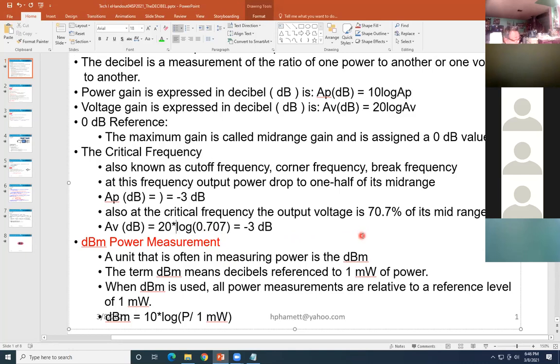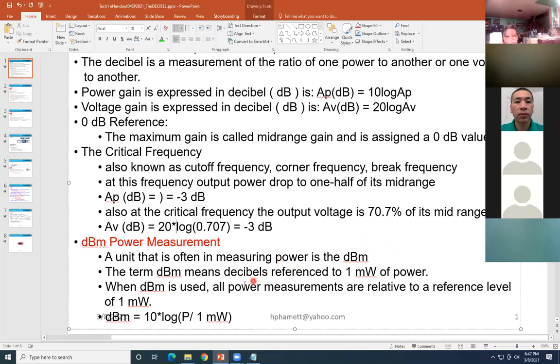Okay, if you use the one in the computer, you type in 0.707, then push log, and then you multiply by 20. Do you get that, Sophia? Yes, I got it. Thanks.